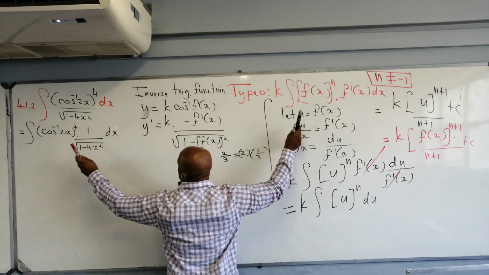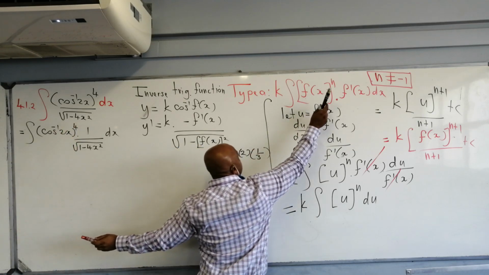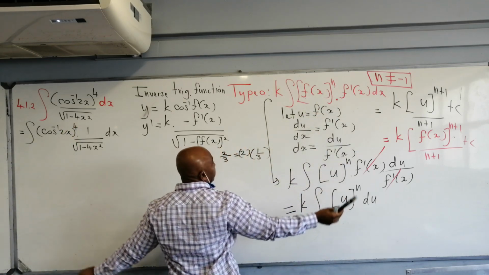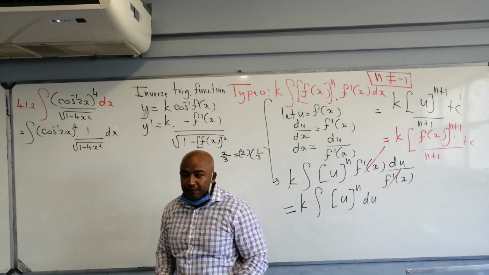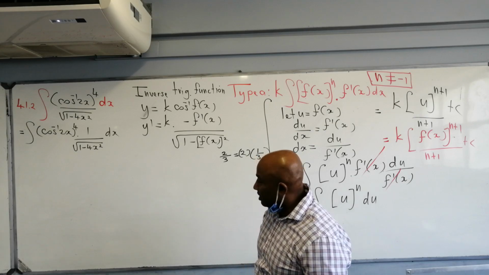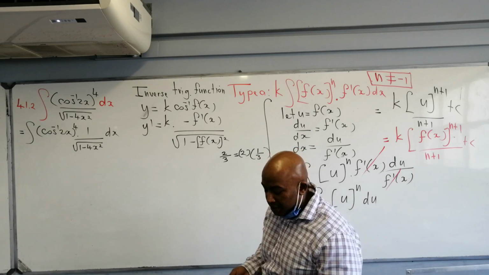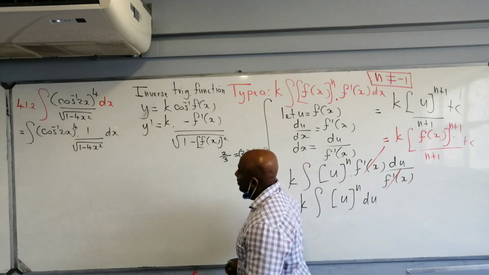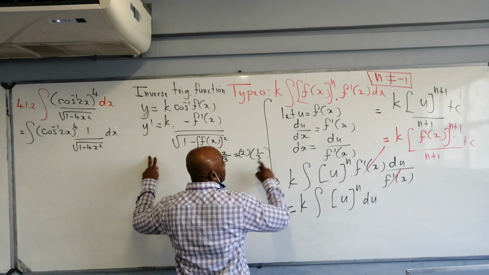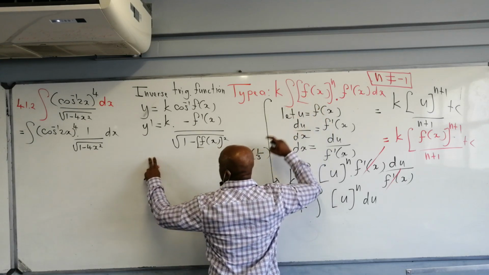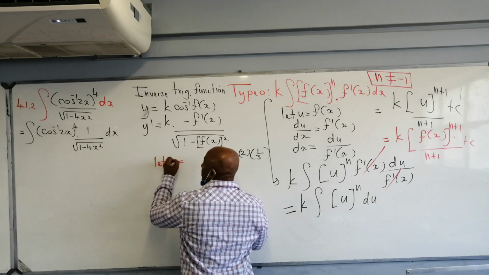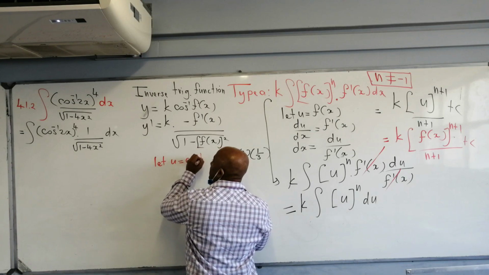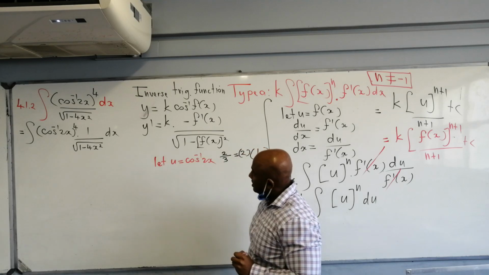There's your power n, and there's the exact derivative f prime x. It can be done in one step by inspection, but I'm not doing inspection at the moment. I'm doing u substitution. So always let u equal to f of x. So what's inside here? You're going to let u equal to inverse cos 2x.